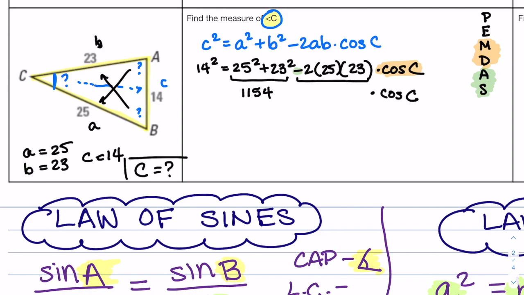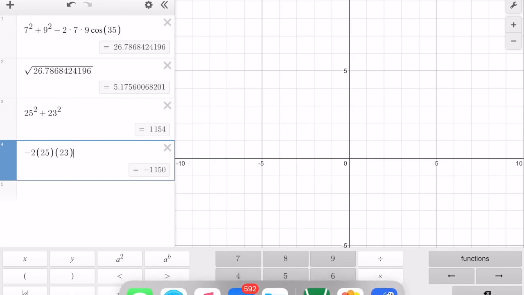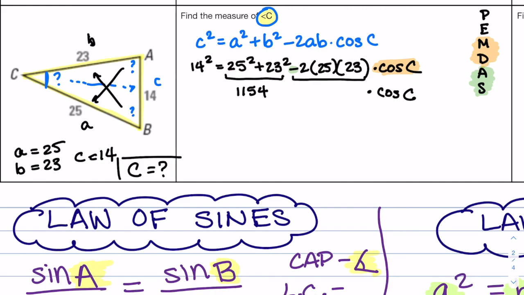Now I'm going to go into Desmos and do negative 2 times 25 times 23. Negative 1150. Minus 1150 times cosine C. Let me bring this closer. I'm going to write this in red to make it obvious that this is linked.